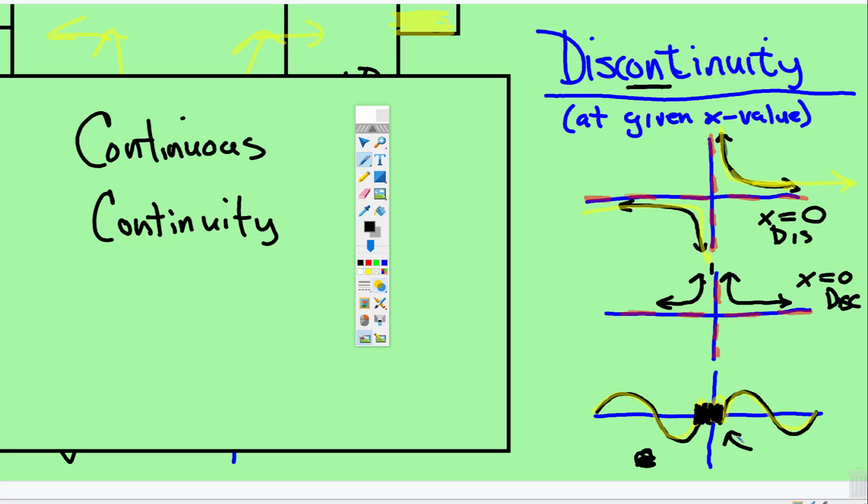That is a form of discontinuity. In fact, I'm going to do that in red because now I've covered that up. That is where it is moving up and down so rapidly that you can't find the height. All right, so that's the general idea of continuity versus discontinuity.